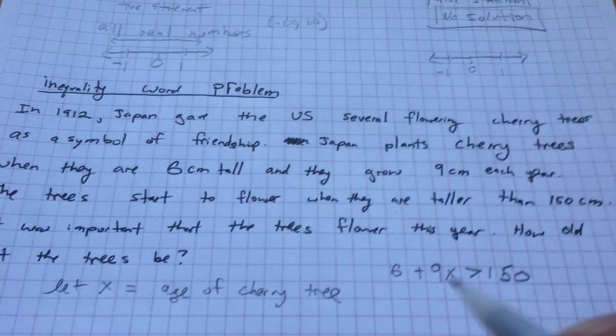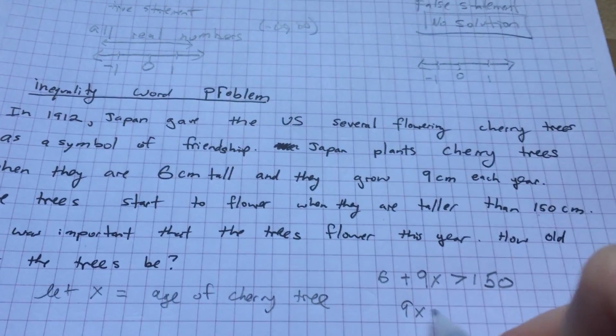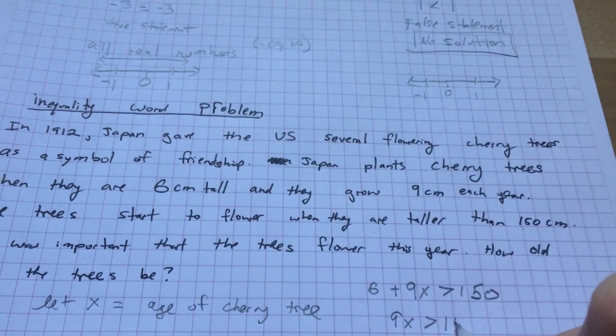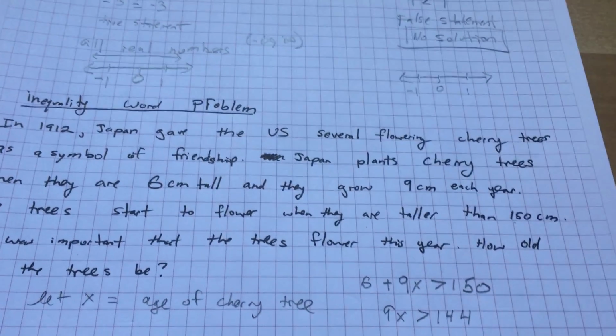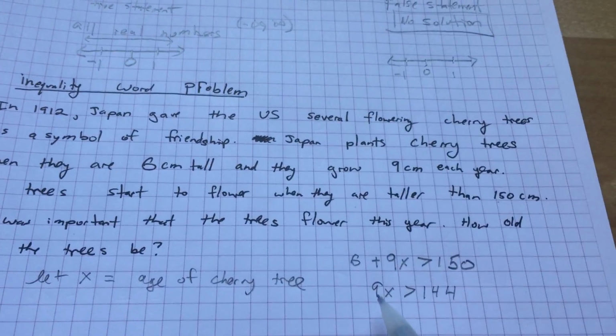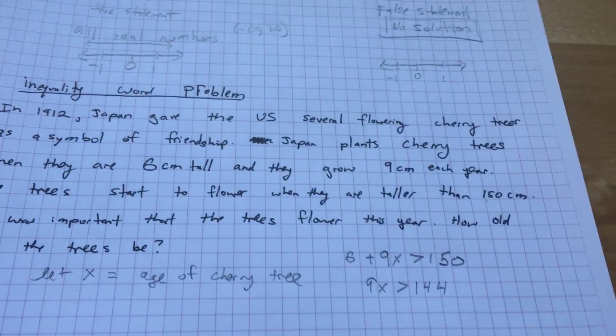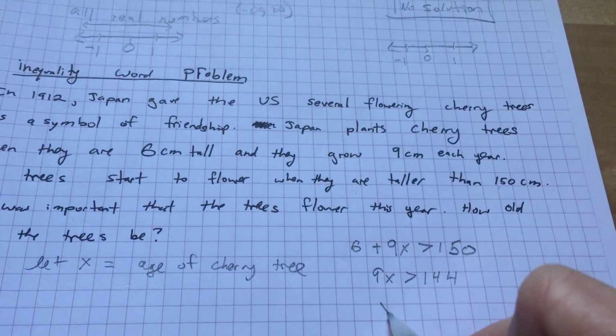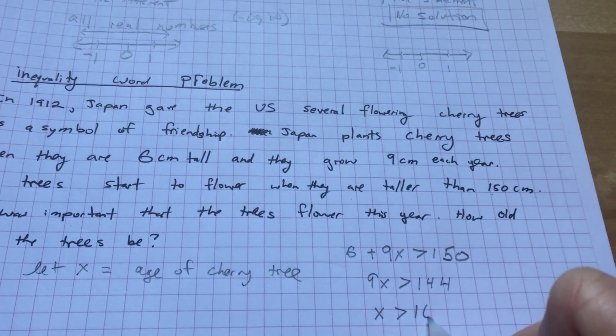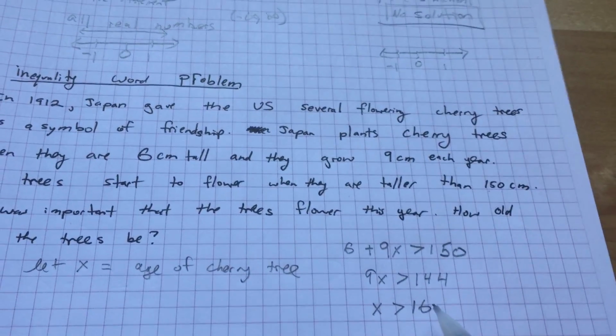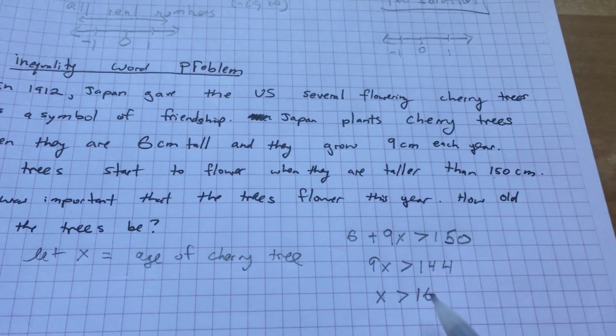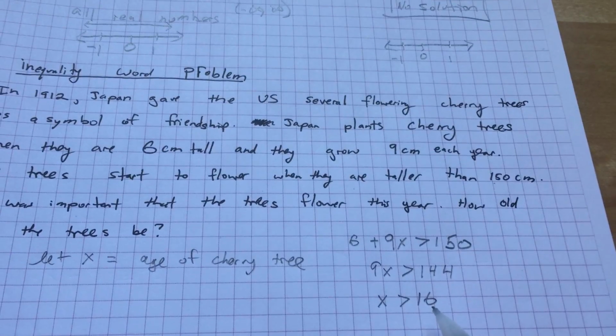I'm going to solve for that. So 9x is greater than 144. And then if you do long division, dividing both sides by 9, you get x is greater than 16. So now I know that the trees must be older than 16 years.